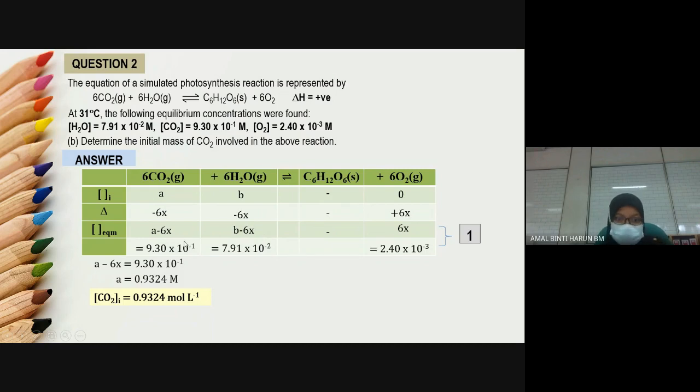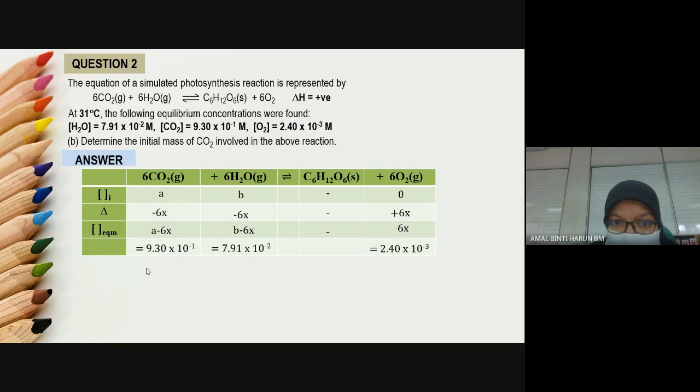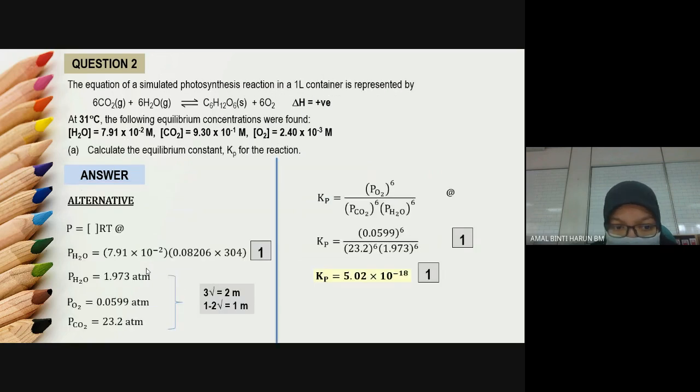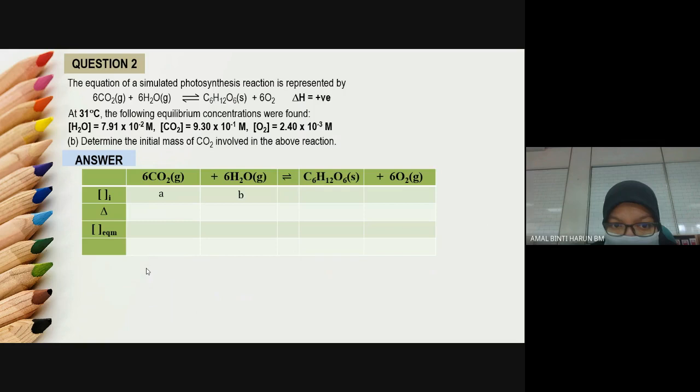Only value x. Maklumat yang tak ada. Dia 0.924 mol. X. Kat mana kita dapat value x lah sebenarnya? Saya cari value x tu.